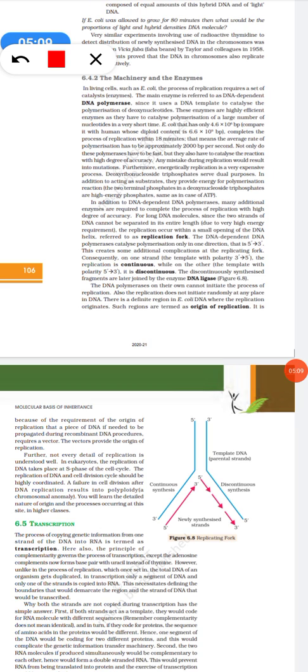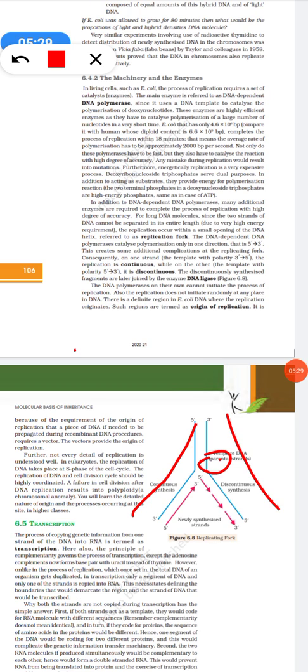The replication will occur with a small opening. You see that the two strands got separated, and replication is happening at a small opening. This is known as the replication fork.